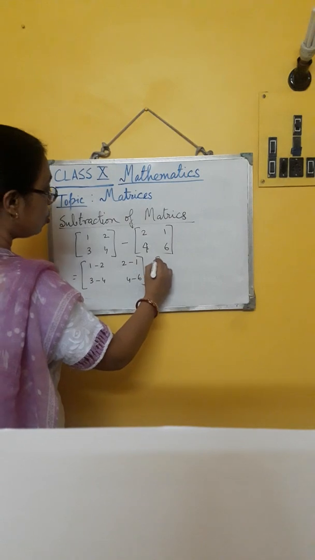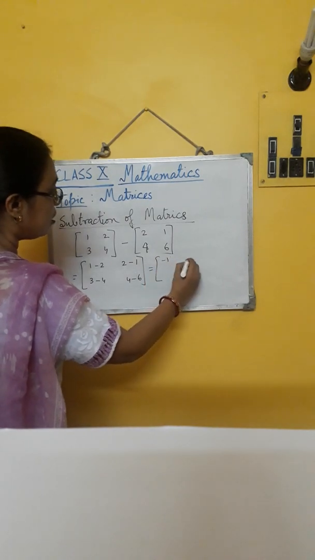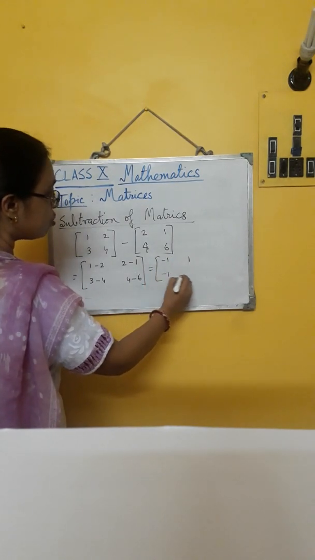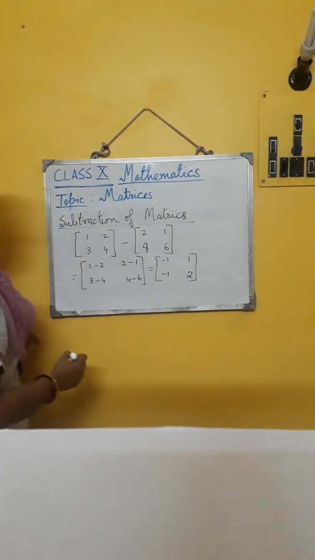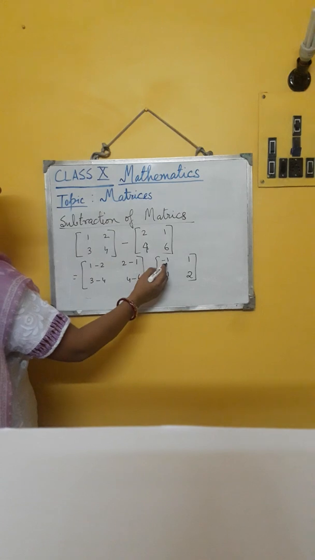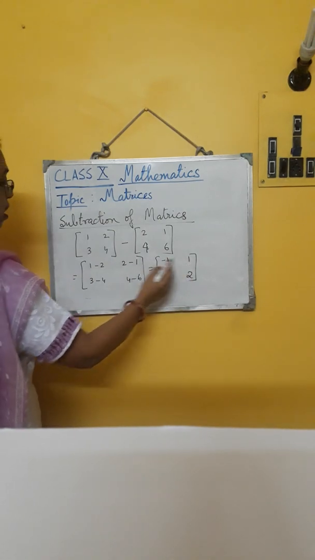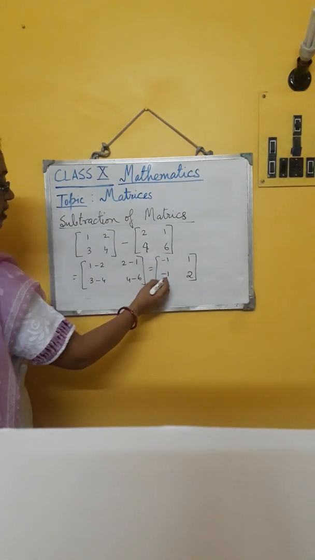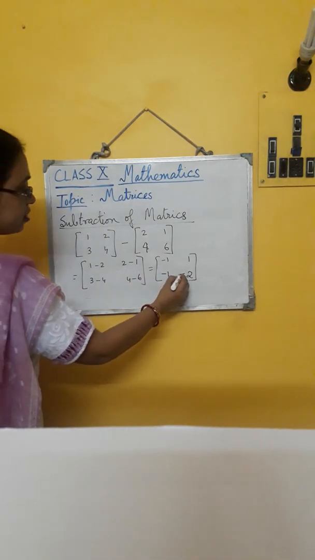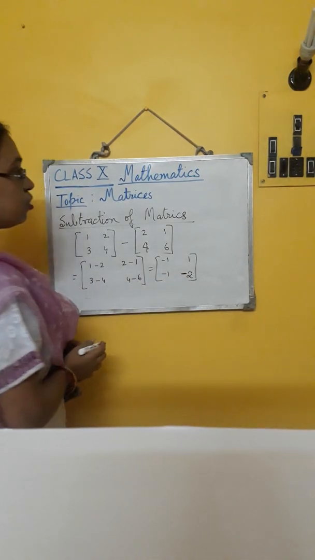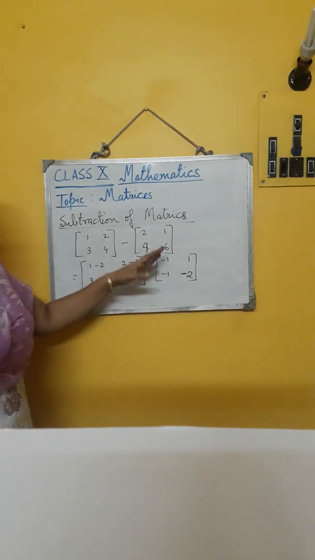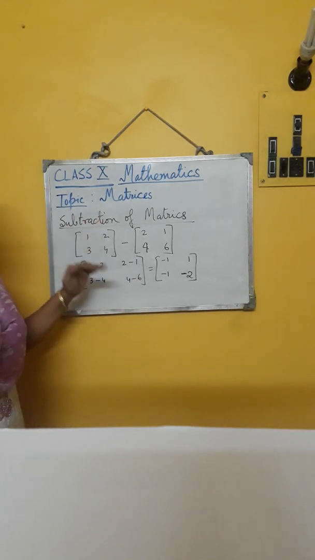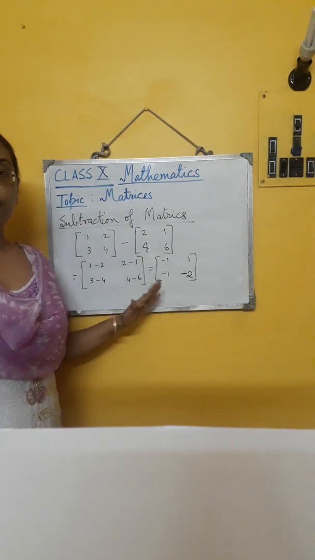So what we are getting: minus 1, 1, minus 1, minus 2. Here 1 minus 2 is minus 1, 2 minus 1 is 1, 3 minus 4 is minus 1, 4 minus 6 is minus 2. Corresponding elements are subtracted. This is how we get subtraction of two matrices.